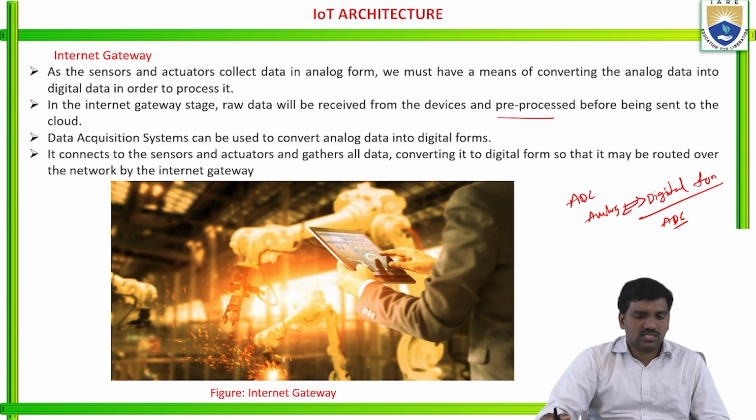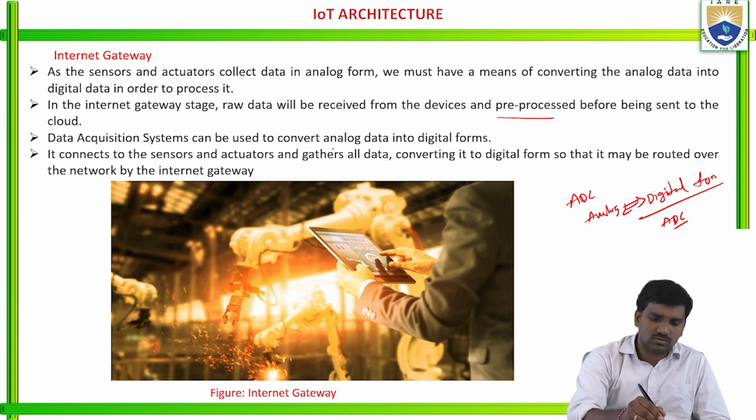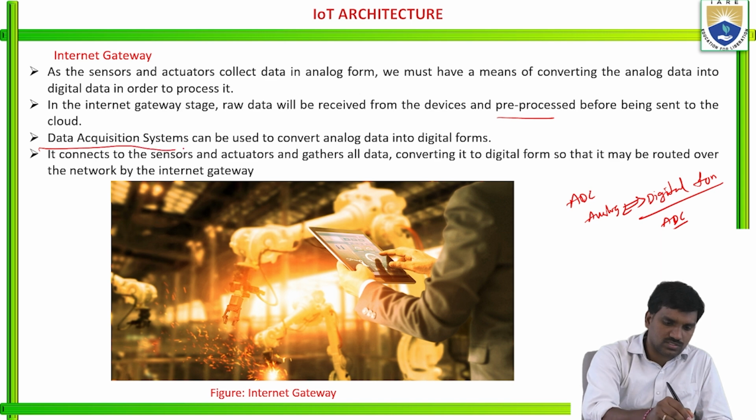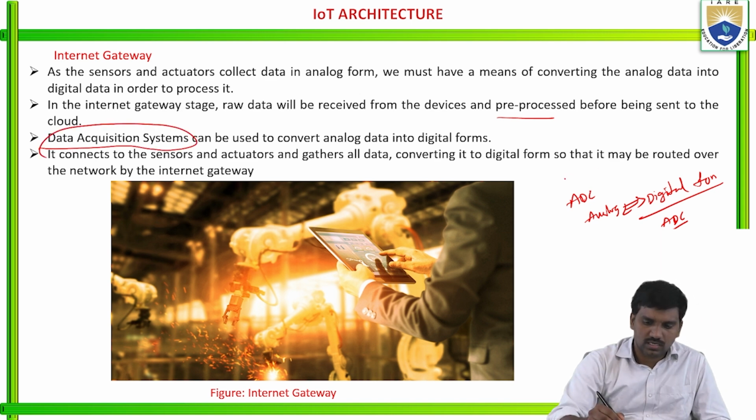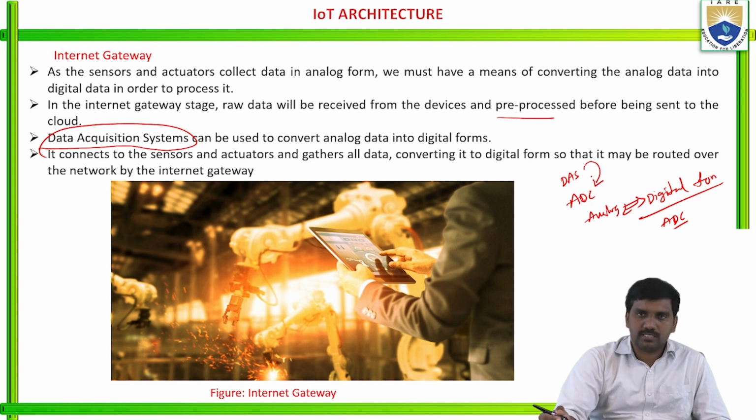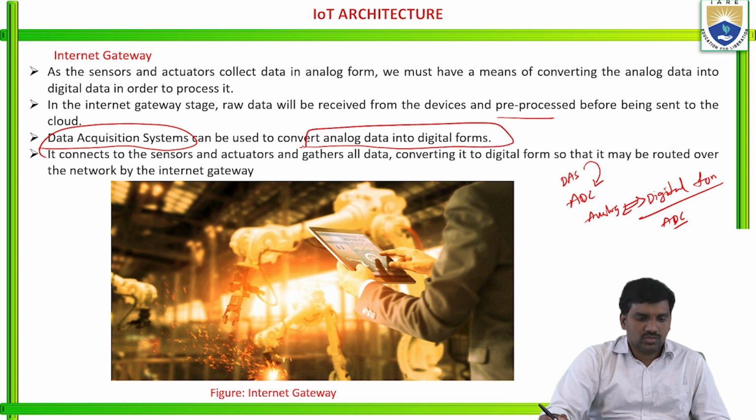Data acquisition can be used to convert analog to digital form. The data acquisition system, DAS, is used for ADC. It connects to the sensors and actuators and gathers all the data, converting it into digital form so that it may be routed over the network by the internet gateway.